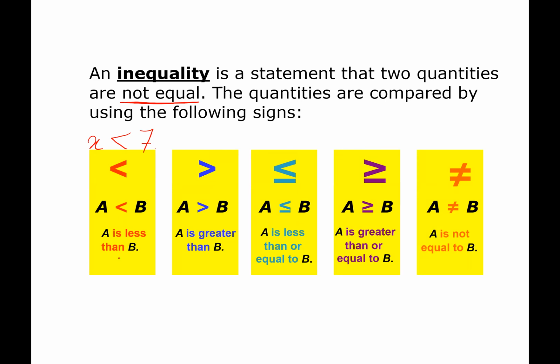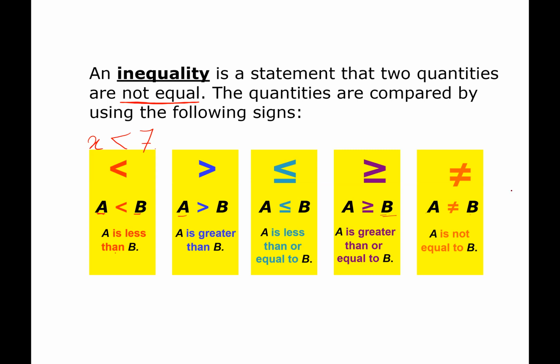Less than: A is less than B, as in A is smaller than B. Greater than: A is bigger than B. Less than or equal to is when one value is smaller than or the same as the other value, so A is smaller than or equal to B. Greater than or equal to is when one value is bigger than or equal to the same value, B. Not equal to is obvious from its meaning: the two numbers are not equal to each other.